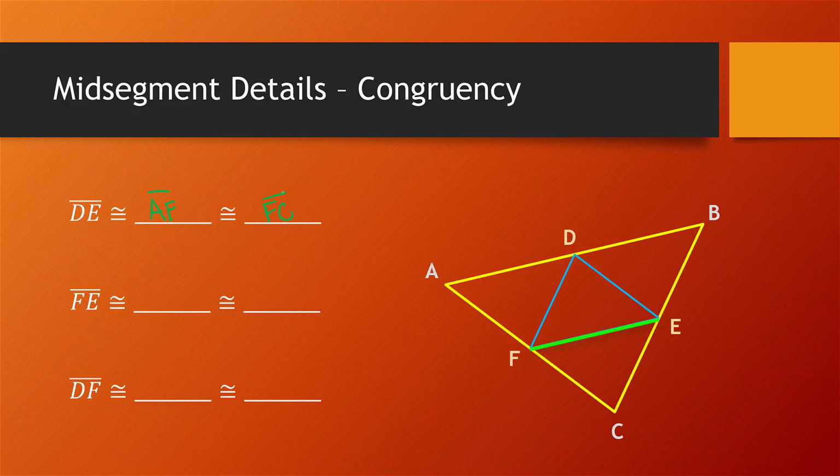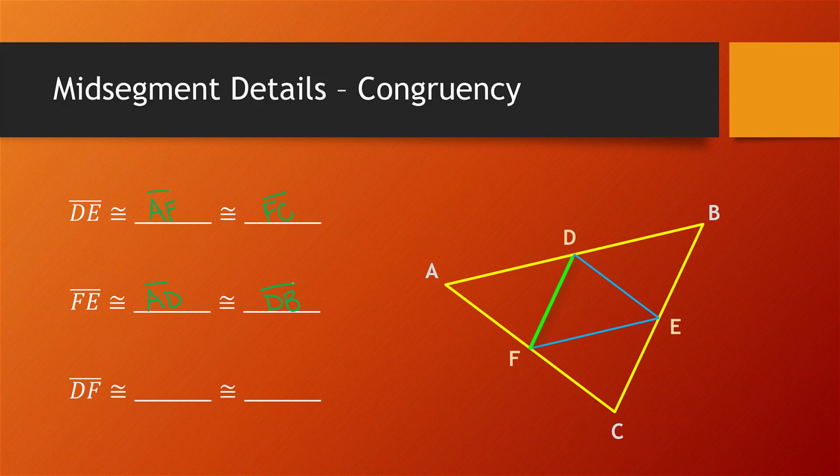Now we're looking at FE. We're going to take FE and slide it to that third side and find that AD is congruent. Remember, D is a midpoint, so that means it's equal on each side. And then also FE is congruent to DB.